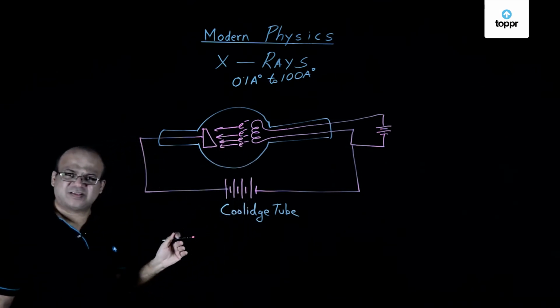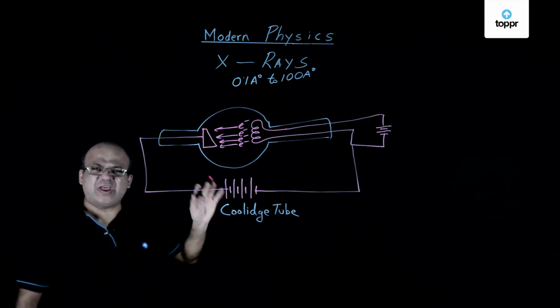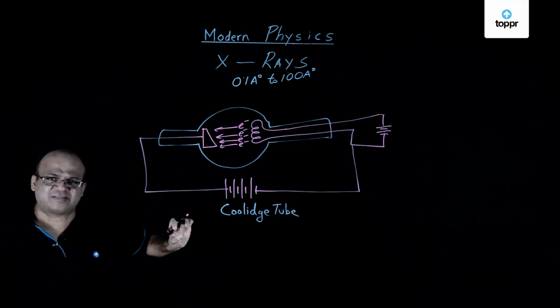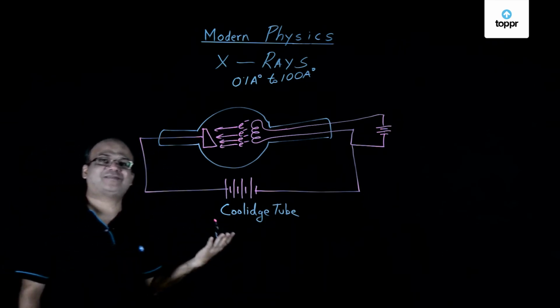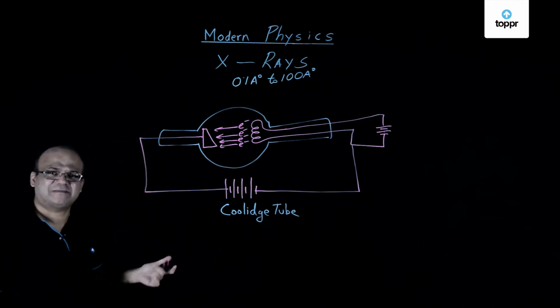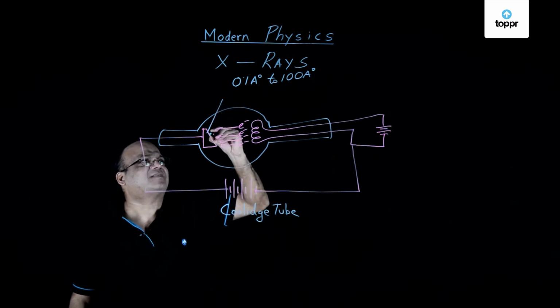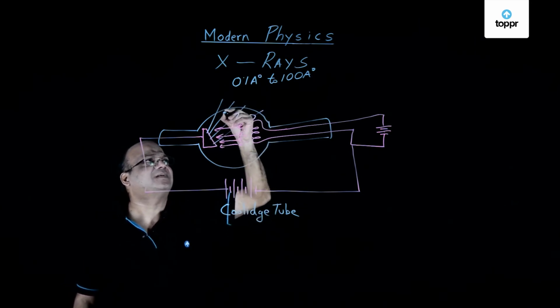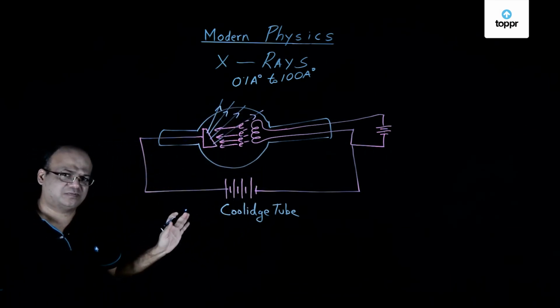When the electrons hit the target, they suddenly decelerate. Whenever a charged particle accelerates or decelerates, it emits electromagnetic waves as per Maxwell's electromagnetic theory. So now, from here we get X-rays. And that's how X-rays are produced.